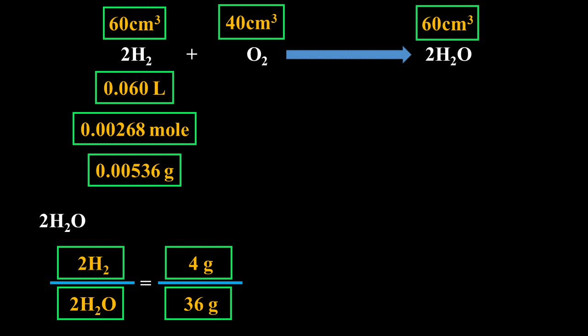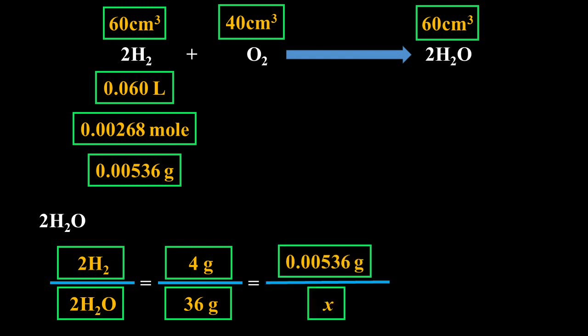So 4 is to 36 as 0.00536 is to x. And now solve for x, and that will give me the mass of water that I will produce. Okay, so that's pretty straightforward. Now remember, that's 0.048 grams of water. Now remember, we still have to work on the oxygen.